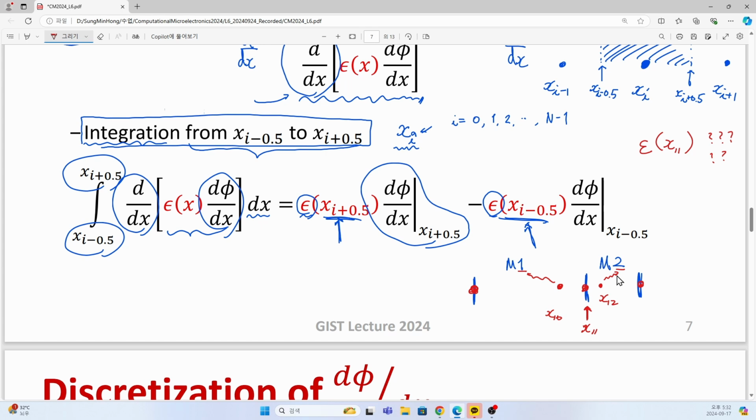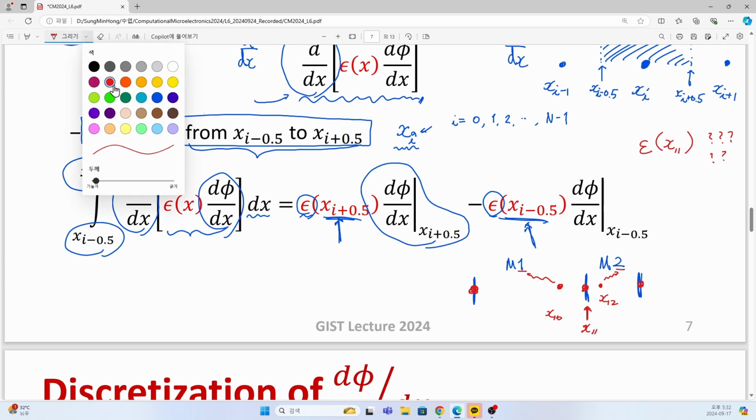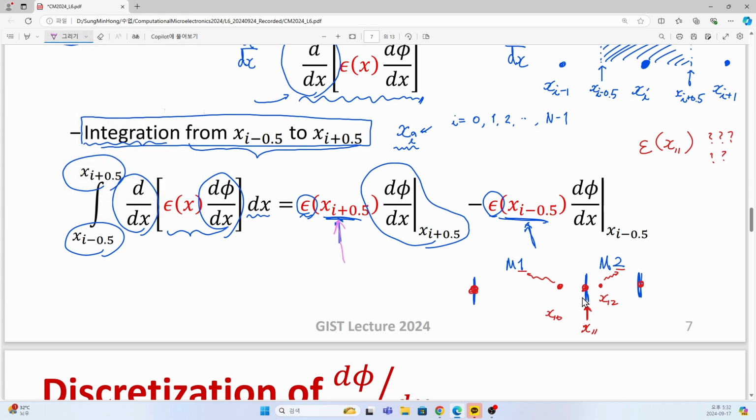So now our question is, how about this midpoint? Isn't the midpoint ambiguous or not? Midpoints, for example, are located here and there, and quite fortunately, there is no chance for a midpoint to belong to the interface, so it is always either M1 or M2.